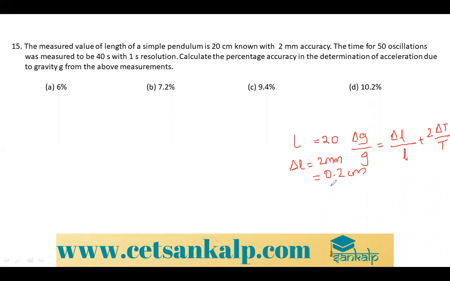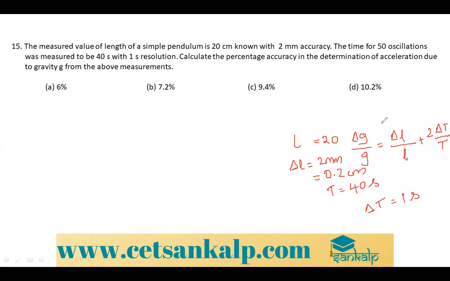Then they have given T is equal to 40 seconds, and delta T they have given as 1 second. So you have to just substitute these values in this equation and find the percentage error.